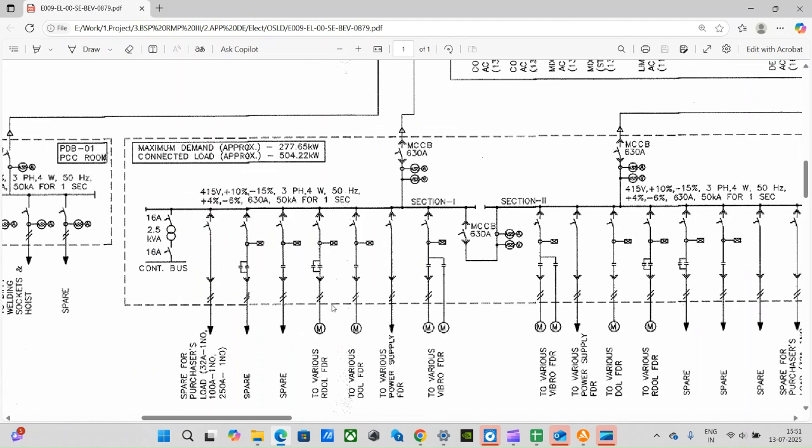If you look at it, every motor has its own individual intelligent controller. But here there are two motors, and it is showing one intelligent controller. This is not correct. There should be two different intelligent controllers. Every motor should have its own intelligent controller.